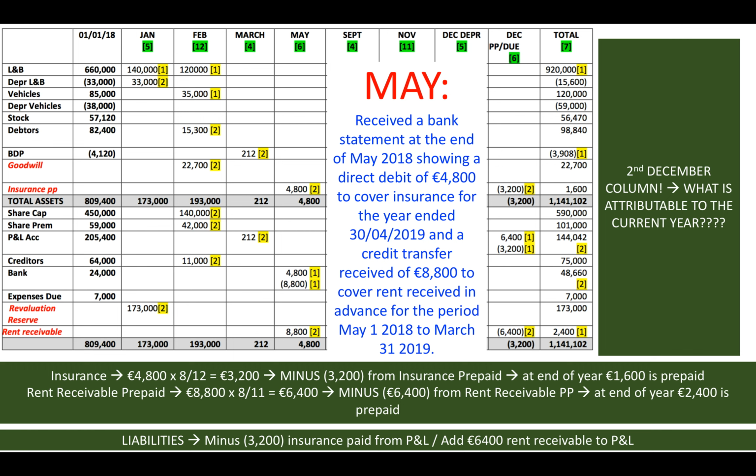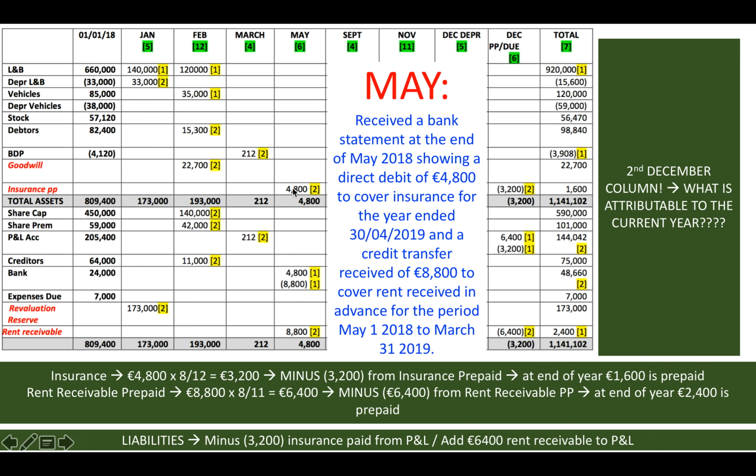So that is 8 months for this year and 3 months for next year. So 8,800 multiplied by 8 over 11 is 6,400, and again I just changed the sign from whatever I have here. So 6,400 minus here, and then that means I have 2,400 rent receivable prepaid at the end of the year in my current liabilities.